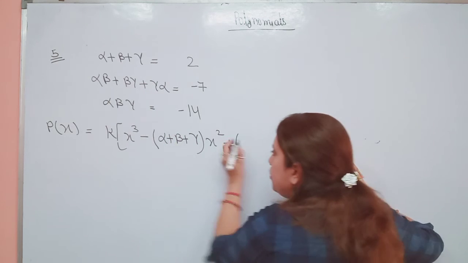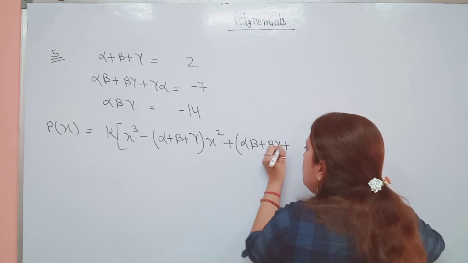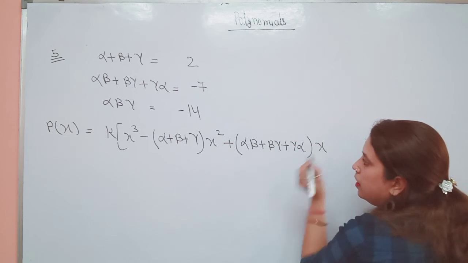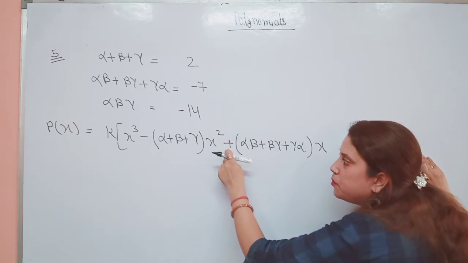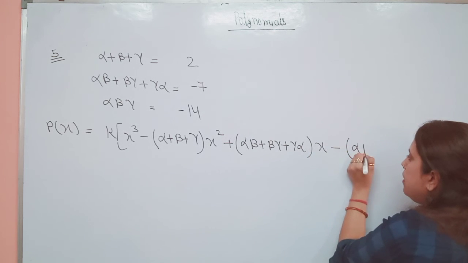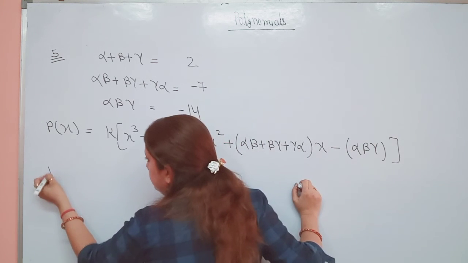Now the sum of product of zeros, alpha beta plus beta gamma plus gamma alpha, again one degree less, and the last is the constant, positive, negative, positive, negative: minus product of zeros, alpha beta gamma. In the last, put the values.